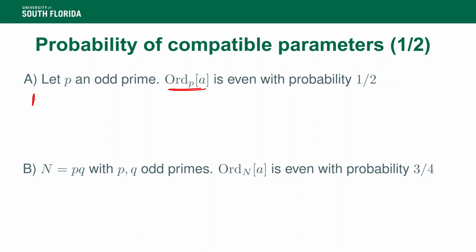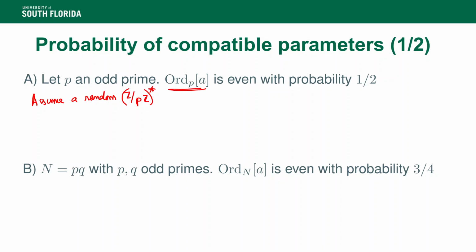We assume, and that's very important to specify here, that a is generated uniformly at random in the units mod p. So we assume that we're drawing a at random in this. The units mod p. So we know that a is going to be invertible.